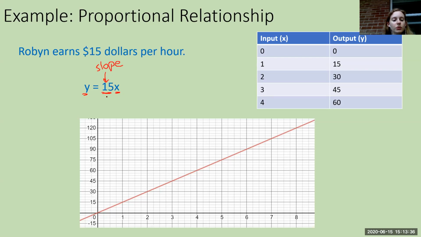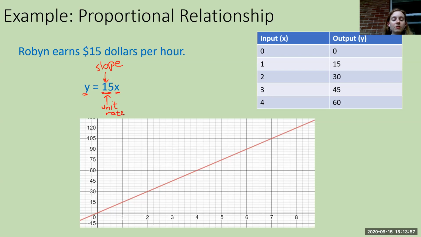Because this is a proportional relationship, you could also call it a unit rate. We know that in this situation, this is giving us our unit rate, our hourly rate. So a unit rate is a comparison to 1.